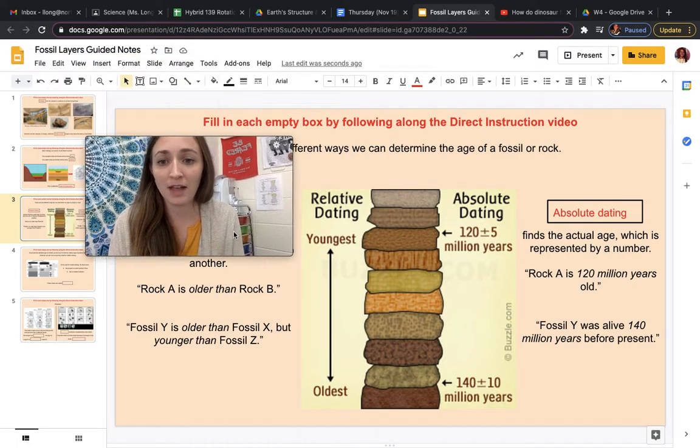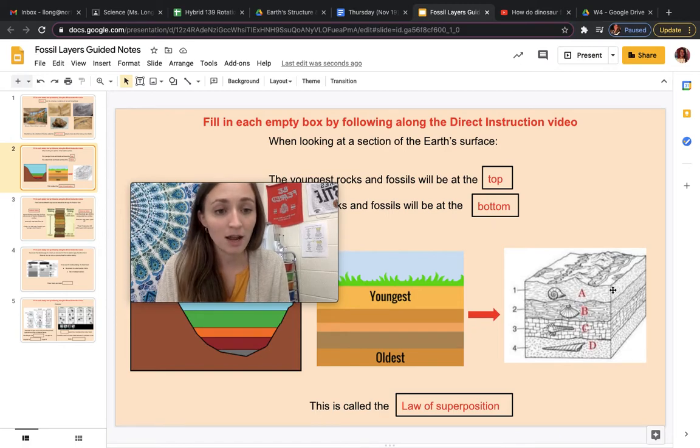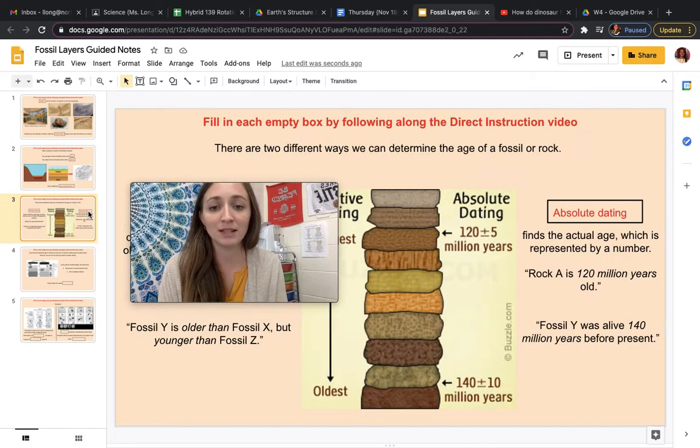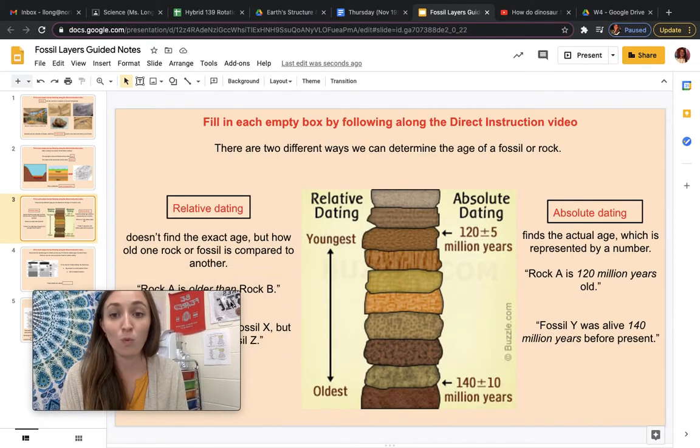If you look at this picture up here, we can do some relative dating with these fossils and say that fossil D is older than fossil C, because we know that the oldest is always going to be at the bottom. So that is relative dating. That is what we are going to do a lot of, and we're going to get a lot of practice with it, and I think it's pretty easy, so we should be good.